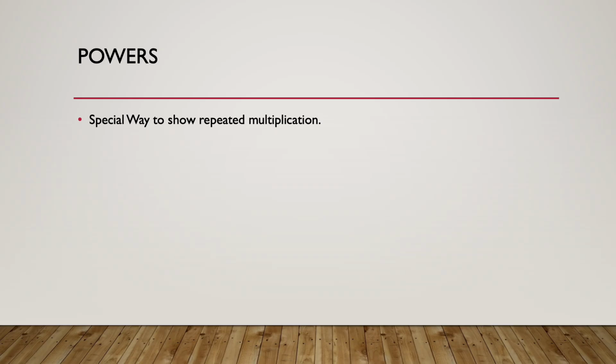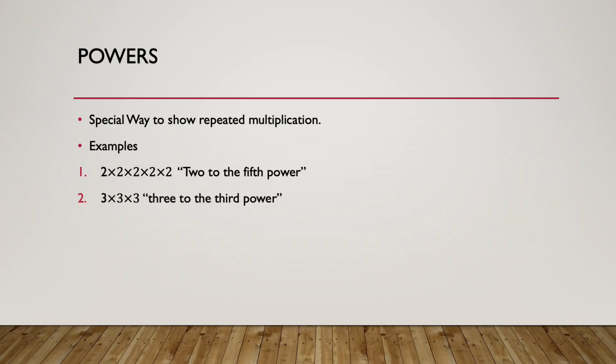For example, you can see this number 2 we multiplied 1, 2, 3, 4, 5 times. Next one, this is the number 3 we multiplied 1, 2, 3 times, right?